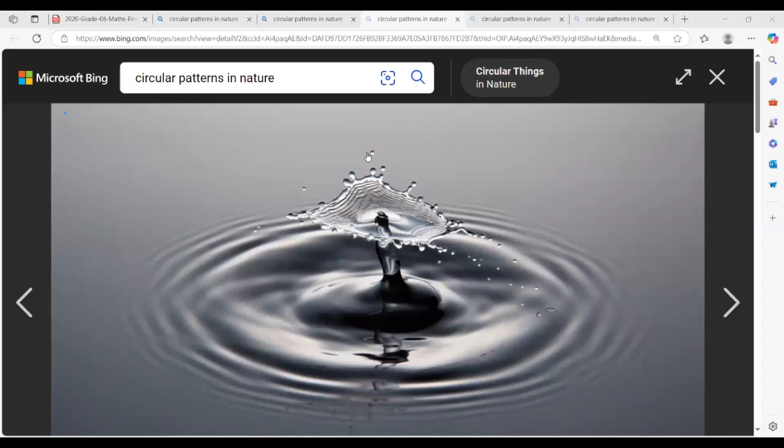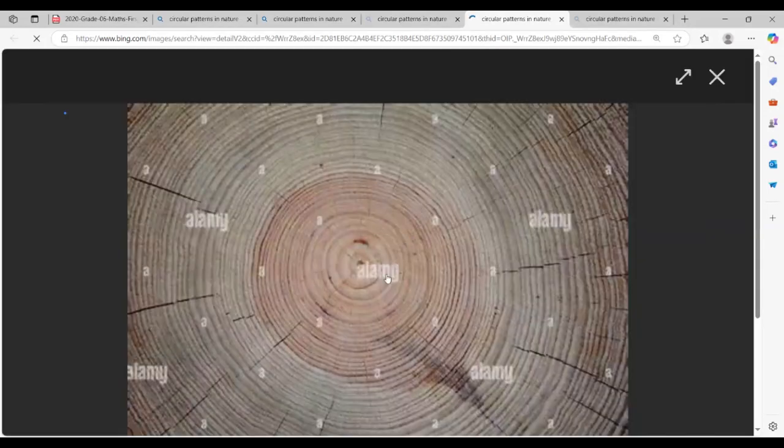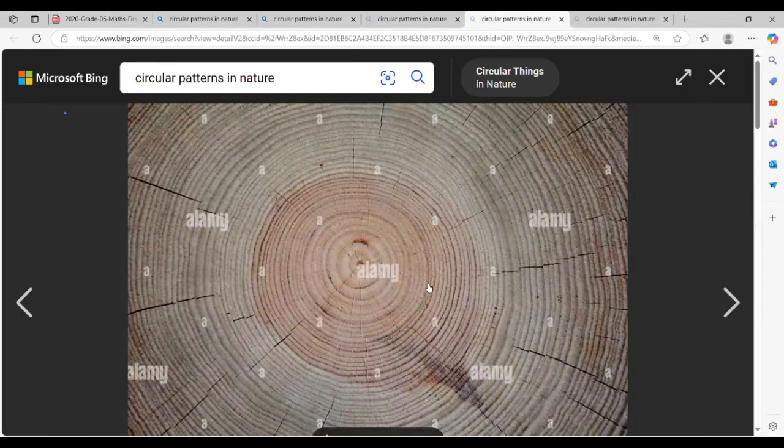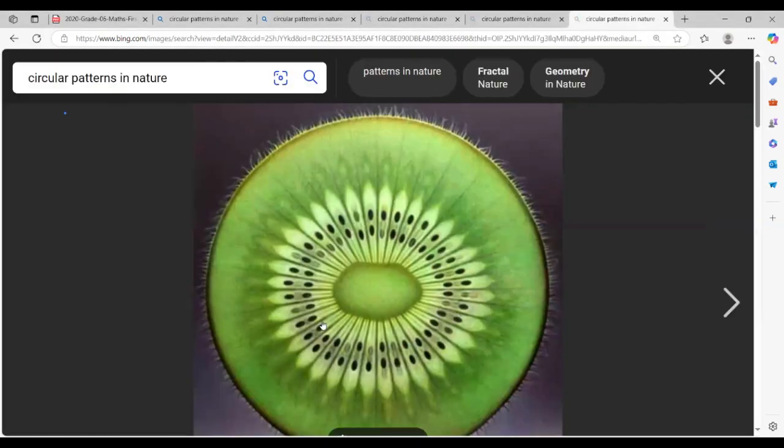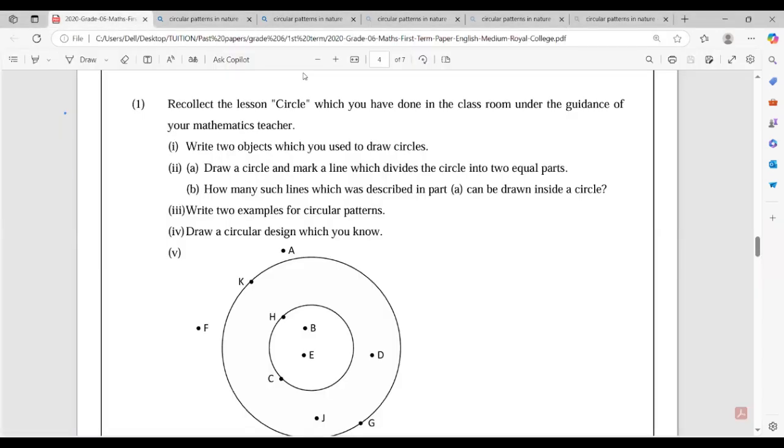And also, if you take this, this is a tree trunk, right? Here also you can see some kind of circular patterns. Therefore, I will write two objects only. And in some flowers too, you can observe circular patterns, and this is a kind of fruit, right? Okay, now let's go with this.